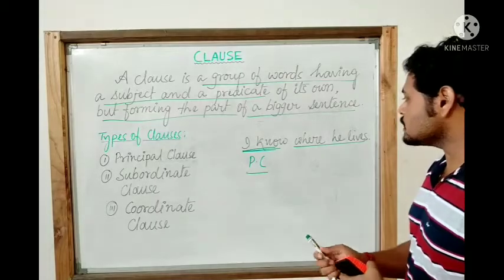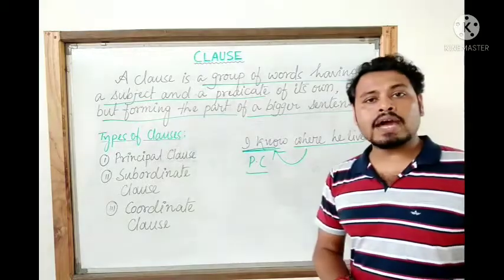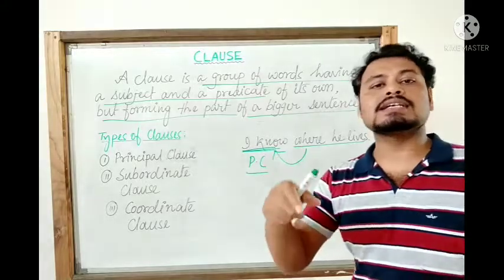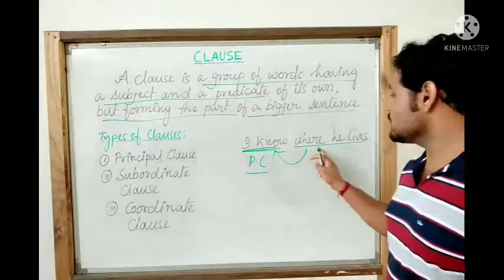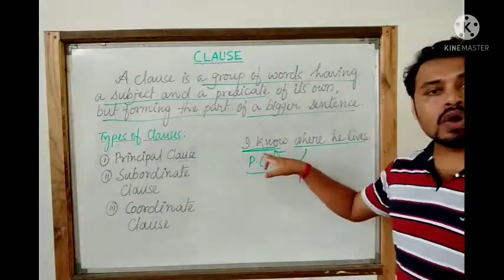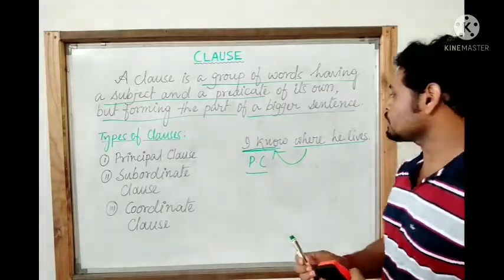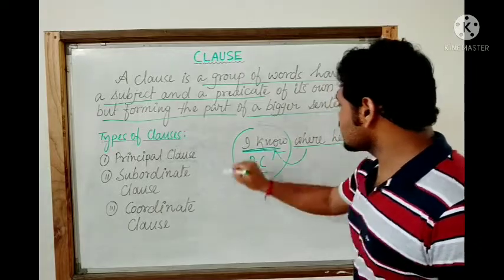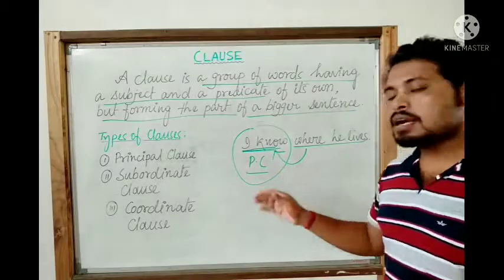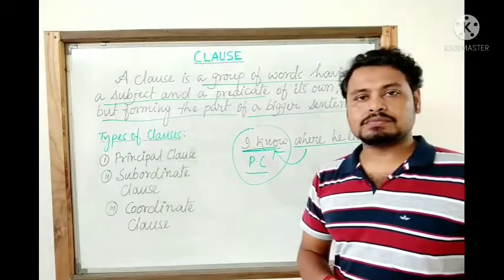But if we go back and read the whole sentence, I know where he lives, the meaning of the second part also gets cleared. So this part depends on the other part, but the other part does not depend on this one. That's why this particular part of the bigger sentence is known as the principal clause or the independent clause, because it does not depend on another part to express its meaning. Hopefully this is clear.